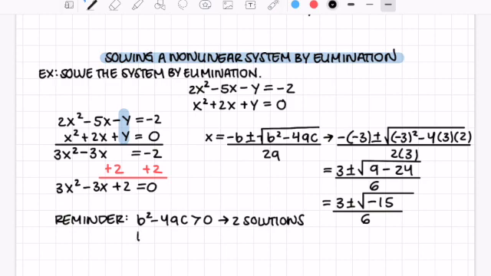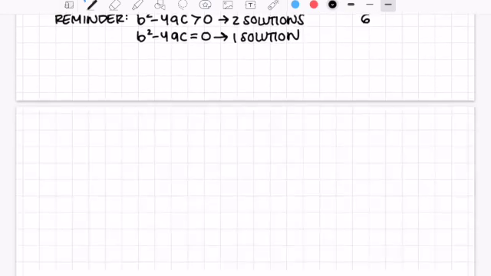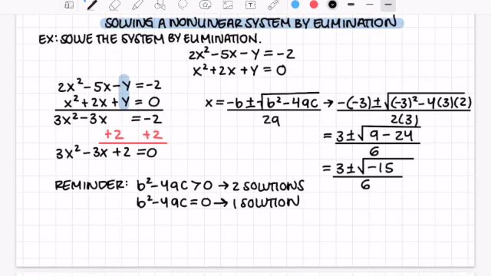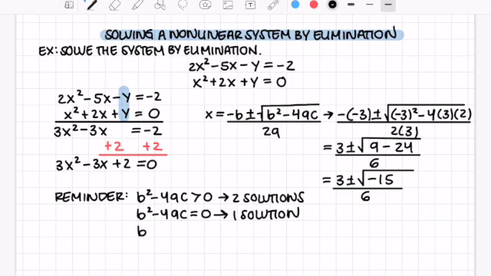If b squared minus 4ac equals 0, that would be one solution only. And the last one we said was that if b squared minus 4ac is less than 0, so a negative number, we get no solutions.